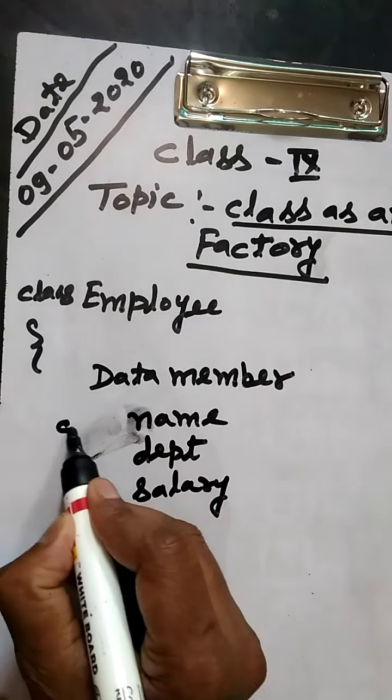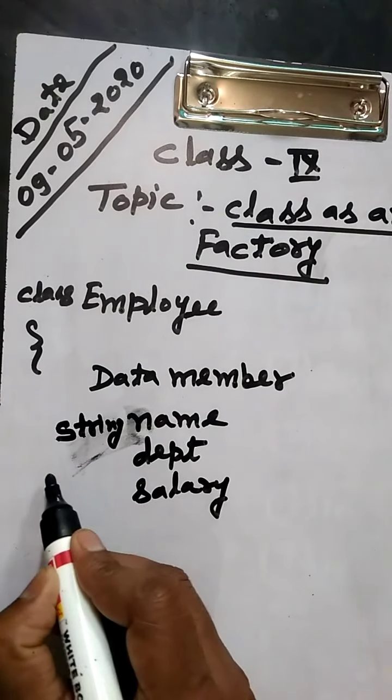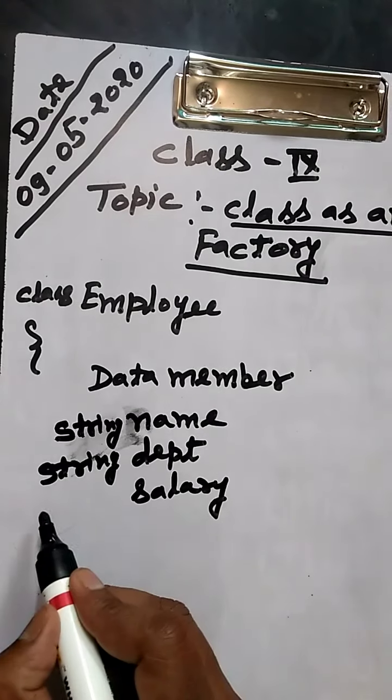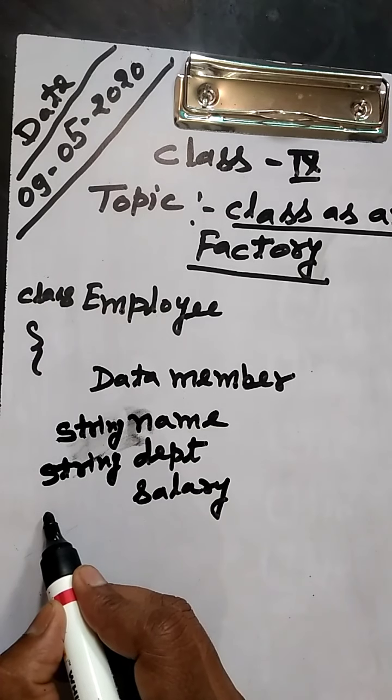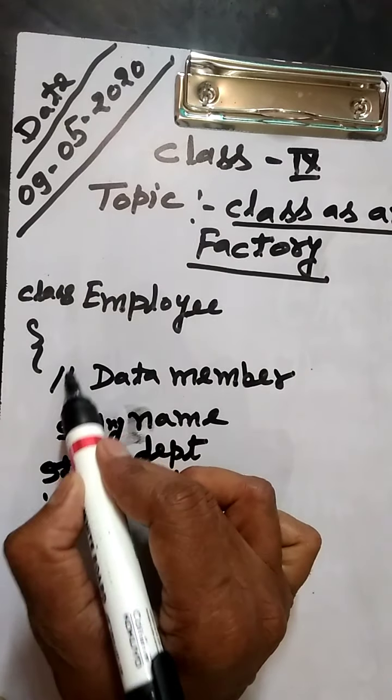The name data type is string, department is also string, and salary is integer. So these are the data members.